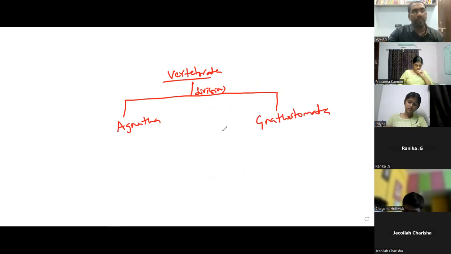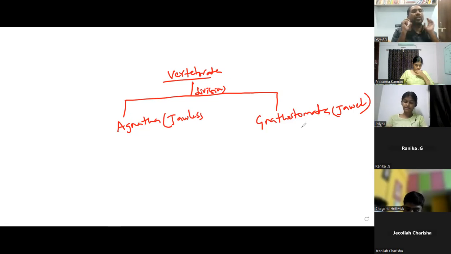Agnatha, no jaws, jawless. Gnathostomata, jawed. What is stoma? I told you, mouth. Mouth supported by jaws. Agnatha, Gnathostomata.